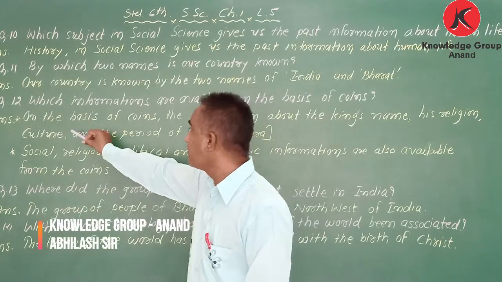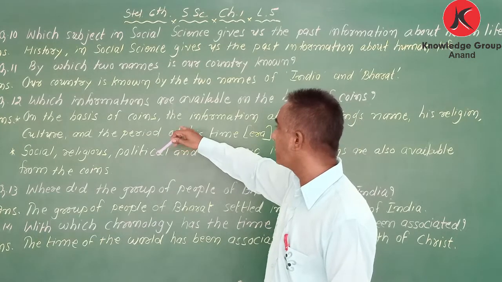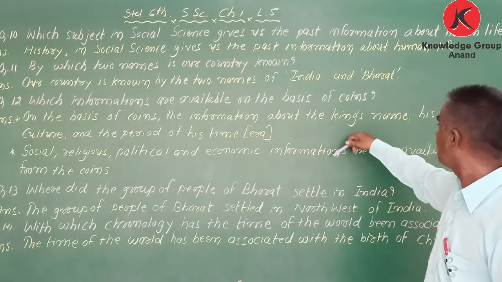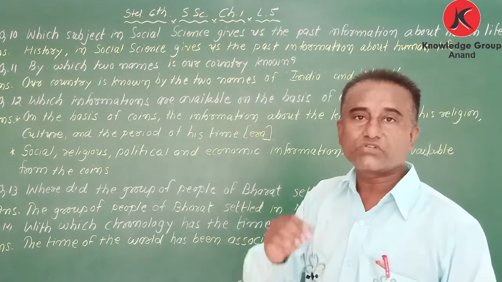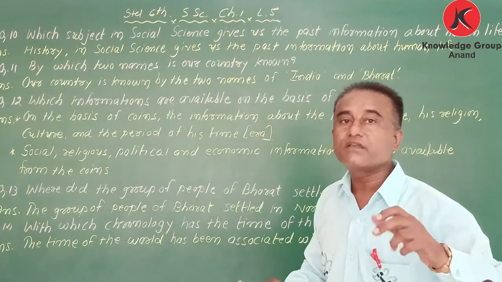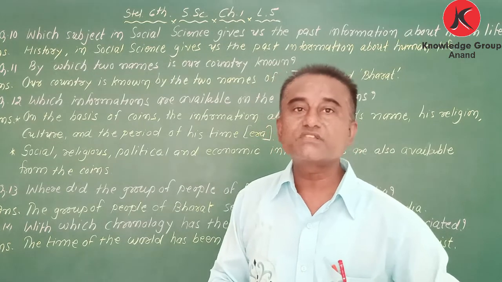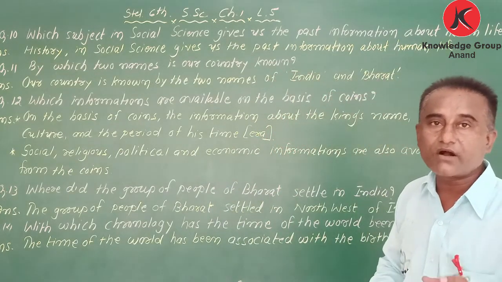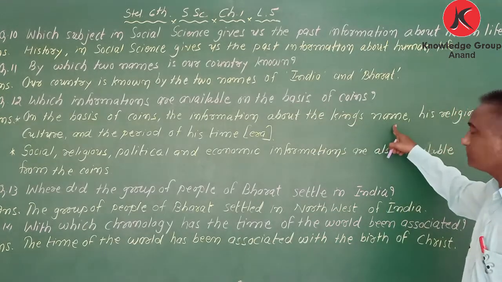Number 1: on the basis of coins, the information about the king's name. The king was writing his name, maybe his photograph, his queen's photograph, or maybe something else. So we were getting information about the king's name.